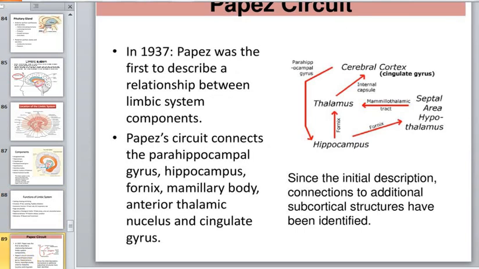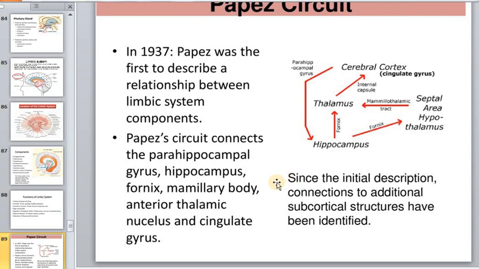And here we see this slide from the start of the previous century. Papez was the first to describe a relationship between limbic system components and emotion. The Papez circuit connects the parahippocampal gyrus, hippocampus, fornix, mammillary body, anterior thalamic nuclei, and cingulate gyrus in a circle.